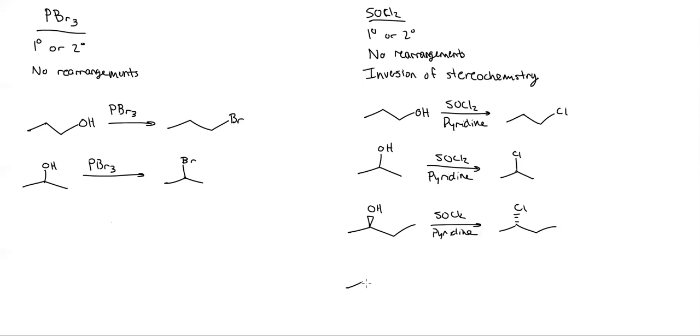So if I start with some molecule that has OH on a dash, and I use SOCl2 with pyridine, then I will get the Cl on a wedge.